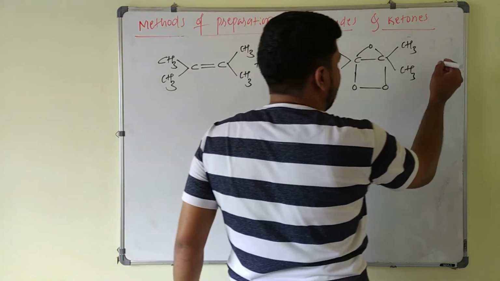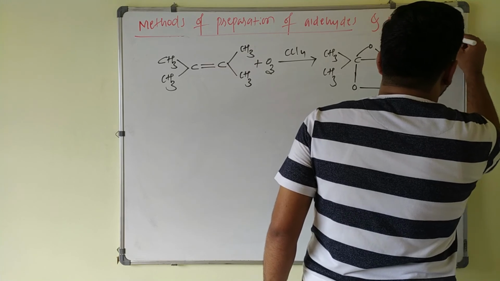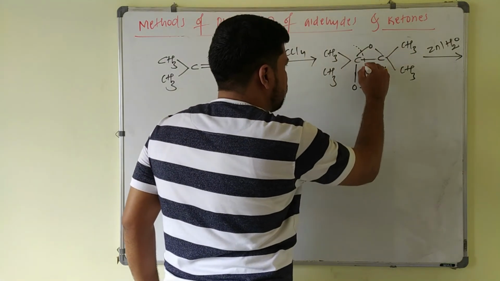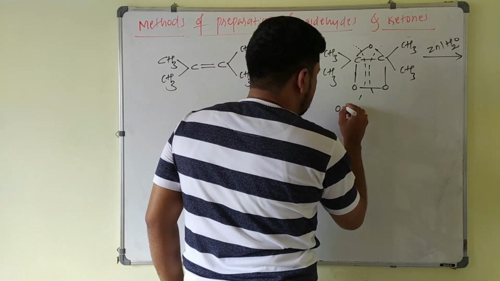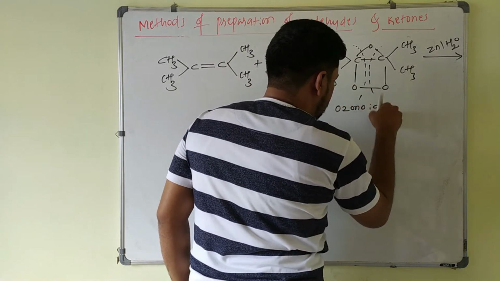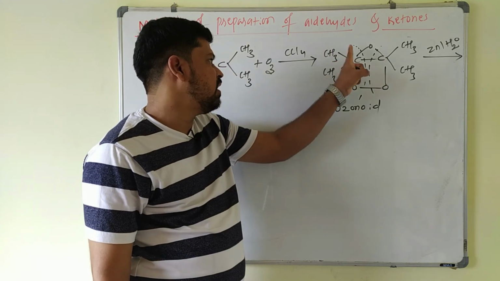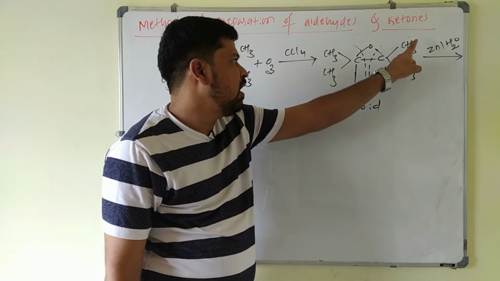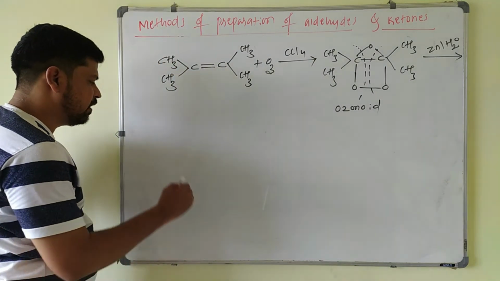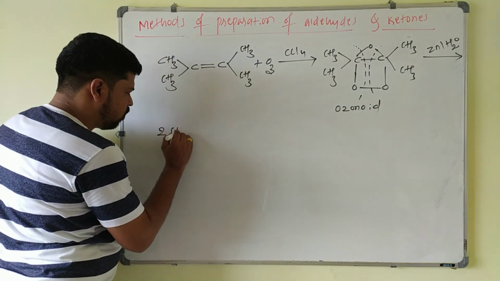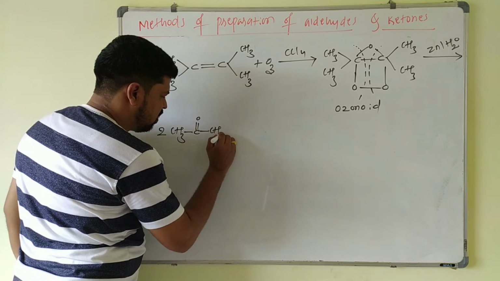This on treating with zinc in presence of water is broken in this manner. This is your ozonoid. What happens here? You will get, this is also a ketone and this is also a ketone. This is CH3 C double bond O CH3, and this is CH3 C double bond O again CH3. You will get 2 moles of ketone here, 2 moles of CH3 C double bond O CH3.